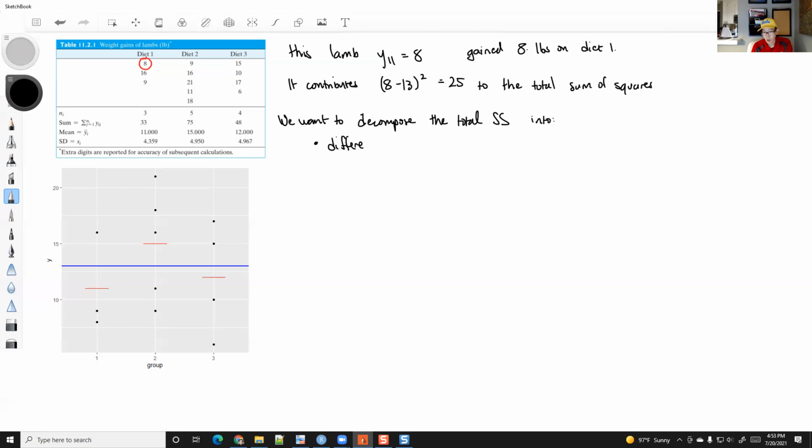Differences between groups. We can think of the differences between groups as basically how much each group's mean is different from the grand mean.